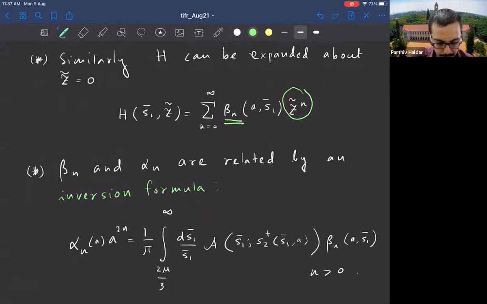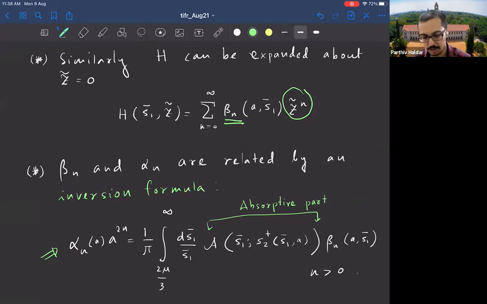But another important part of this story is that beta n and alpha n are related by what you can call an inversion formula, something similar to an integral transform, as Akhil was asking. Now, this will be very important. This is the usual absorptive part of the amplitude in the S1 channel or something, but anyhow, it's getting integrated into this thing. So this expression will again be of central importance to us.